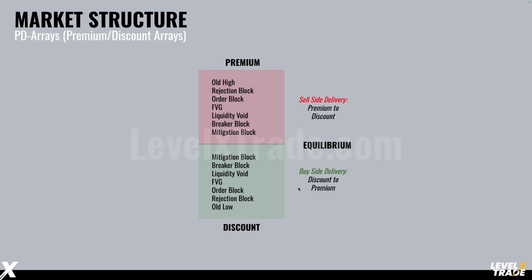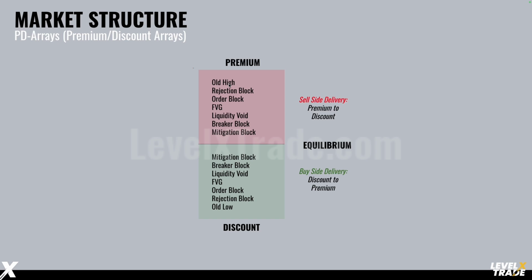In the next sequence of videos, we're going to be talking about what the PD arrays are. And here's basically just in a nutshell what a PD array is. So PD arrays are premium discount. So it's when the price is at a premium area and the discount at the bottom.